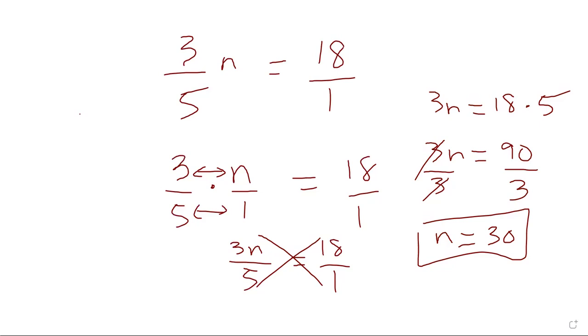So let's say that I have 3/7 x equals 21.